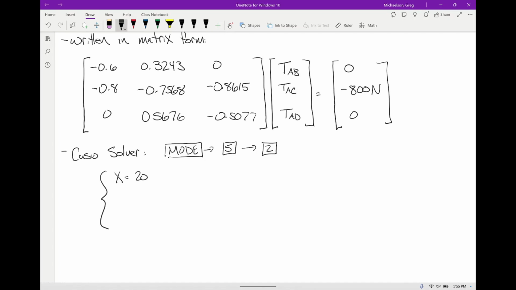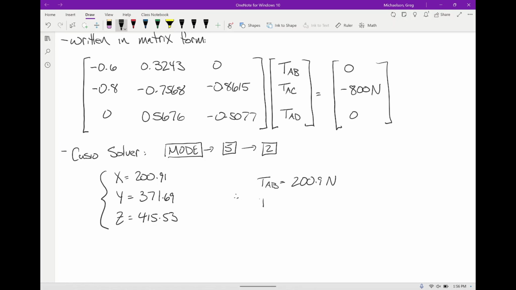X is 200.91, Y is 371.69, and Z is 415.53. Or T_AB is 200.9 newtons.